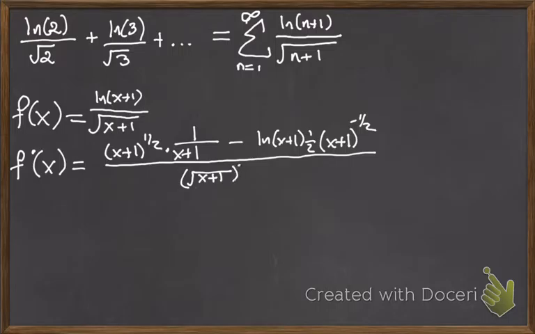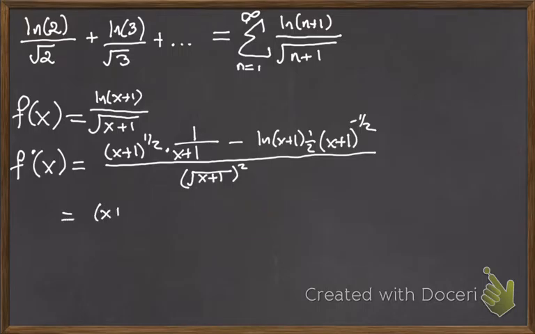The first order of business is that I have x plus 1 to the 1/2 divided by x plus 1, so we subtract the exponents and we're left with x plus 1 to the minus 1/2. That's going to match the second term that we have there.